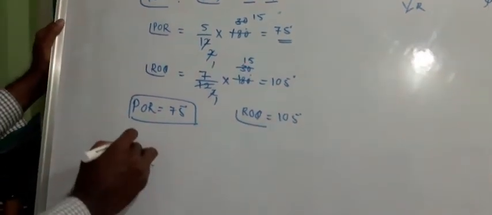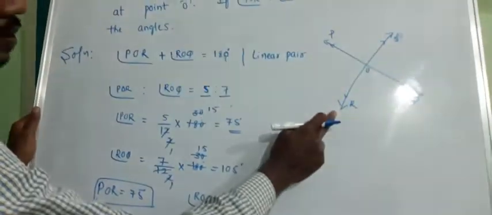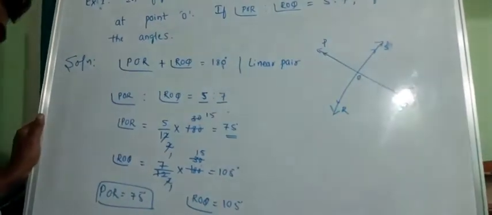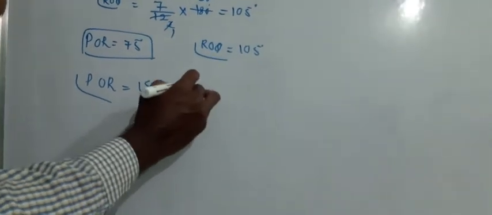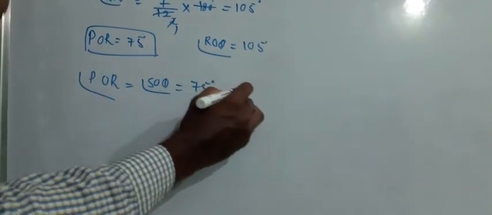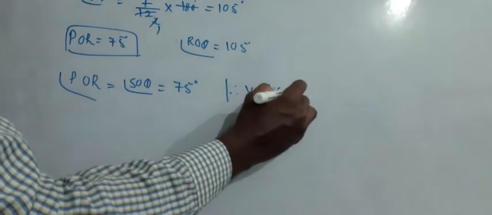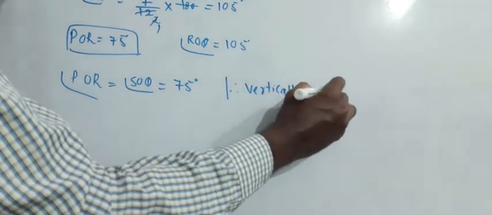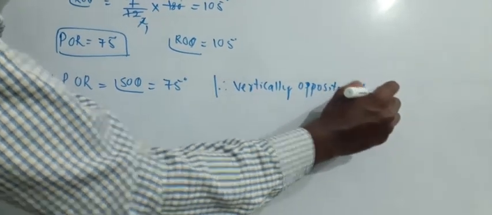Now angle POR is equal to angle SOQ. Can I write that? Yes, I can, because they are vertically opposite angles, which is equal to 75 degrees.